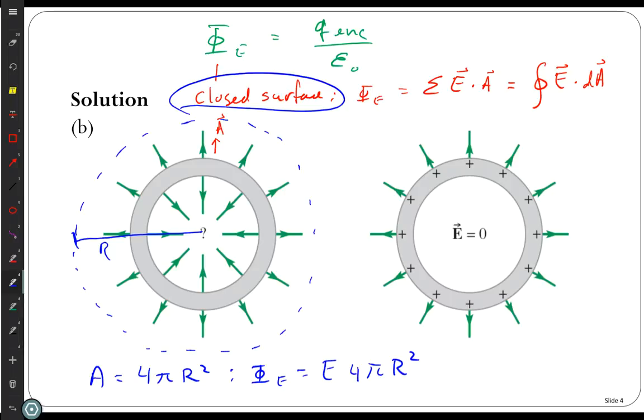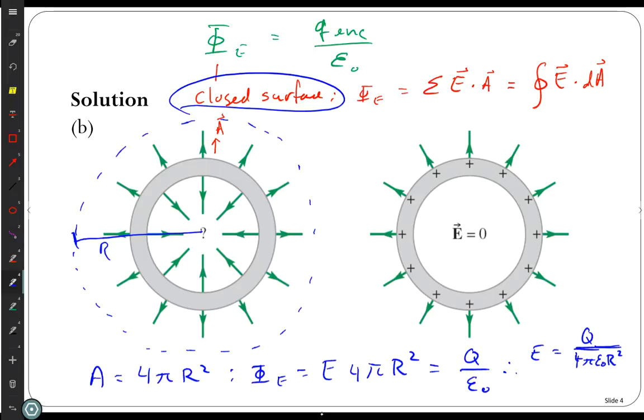So how much charge was enclosed in this problem? They told us charge Q. And so that's going to be equal to the charge enclosed Q over epsilon 0. So if I want to solve that for my electric field, I just divide everything by 4 pi r squared. I have the electric field is equal to Q over 4 pi epsilon naught r squared.